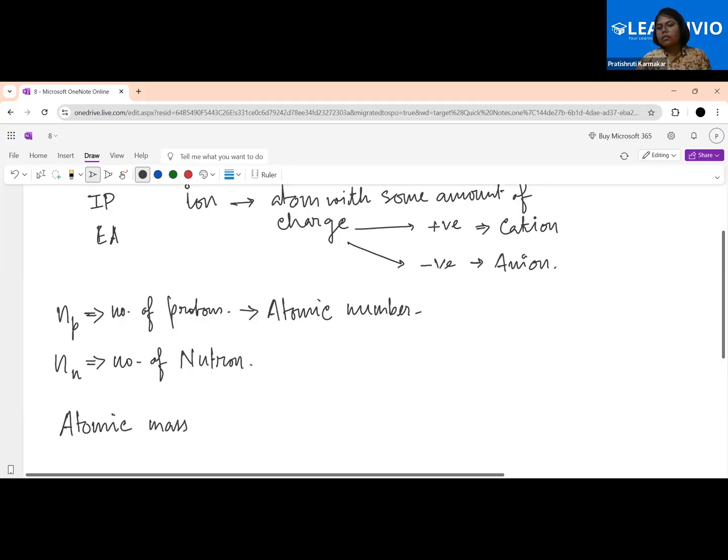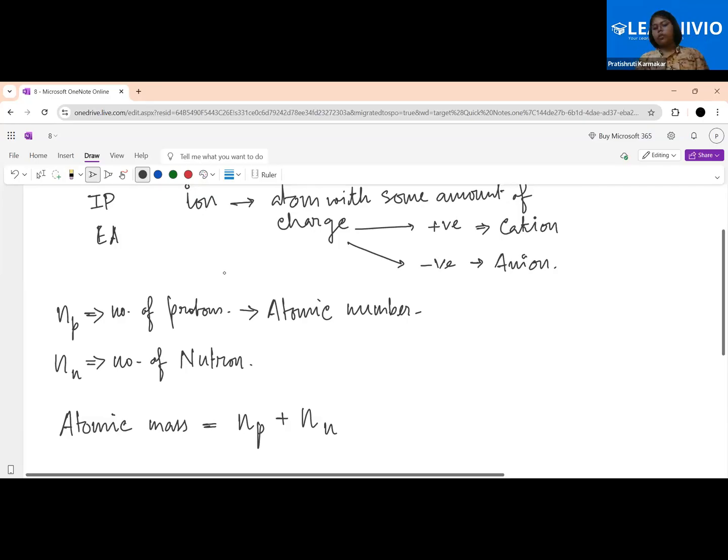Atomic mass is the number of protons plus the number of neutrons. As we have already seen, you told me yourself that the atomic mass of carbon is 12. And we have seen that in carbon, the number of protons is 6 and the number of neutrons is 6. That makes the total 12. That's why the atomic mass of carbon is 12.